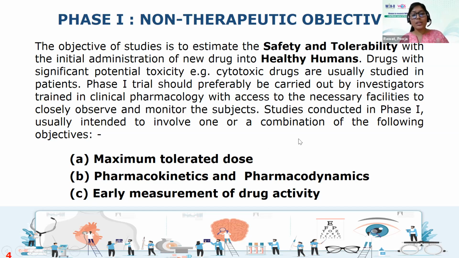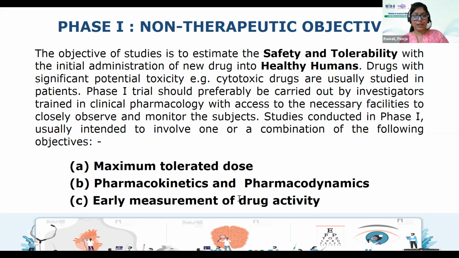This phase also leads to, you can see in point number 1, the maximum tolerated dose. That means we are not introducing the drug in one go. The design of the study is a type of dose escalation, like a little bit of dose you give, and then you gradually increase the dose, right? And when you reach the maximum absorption, or now you can't go beyond that, you will stop. So like this, you will go in this phase, right?